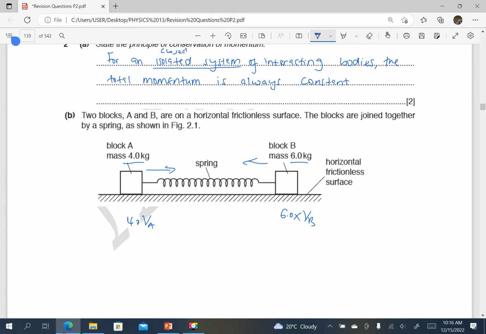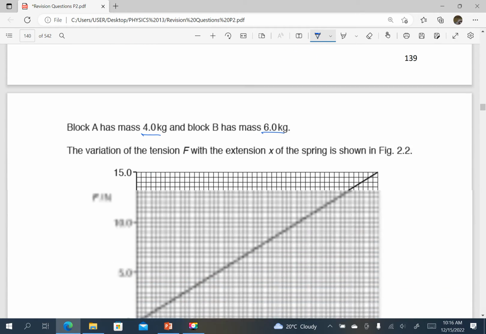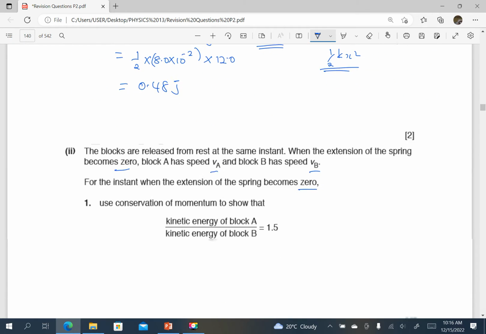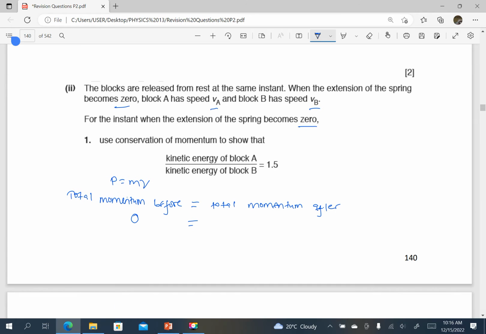So the momenta are in opposite directions. So I will put a subtraction sign there. So total momentum after release is going to be 4.0 times VA, that is to the right, plus negative 6.0 times VB, because this negative is because this will be now in the opposite direction.